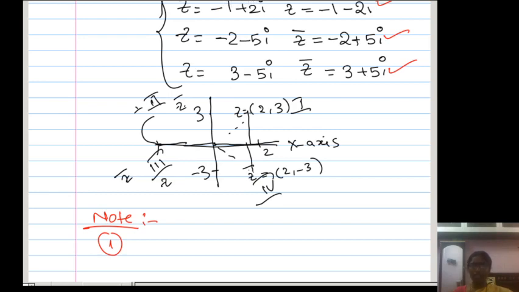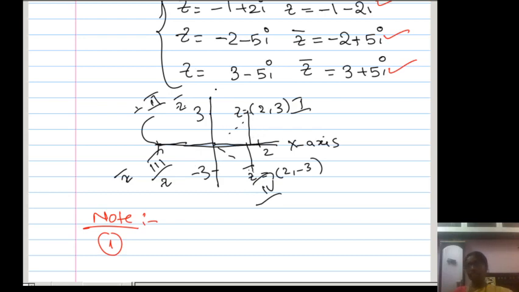But suppose Z lies on the real axis or on the imaginary axis, what happens to Z bar? In the Argand diagram, Z is present in the first, second, third, fourth quadrant. Let us discuss Z bar, which is the mirror image about the x-axis.